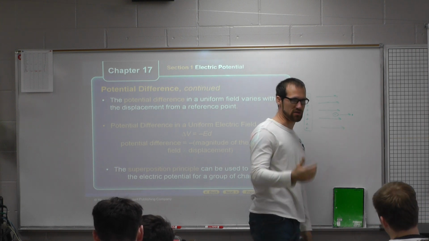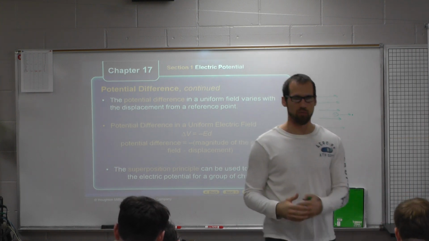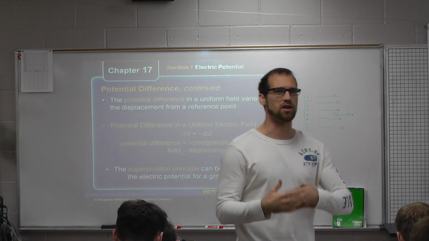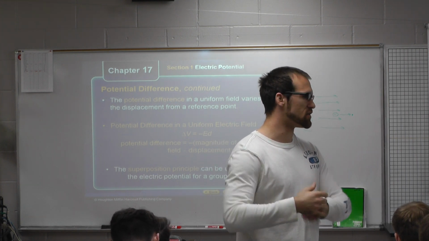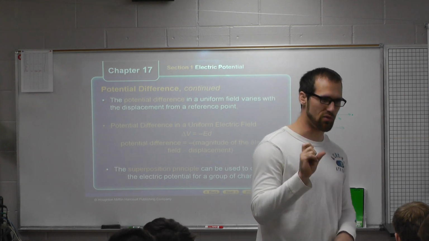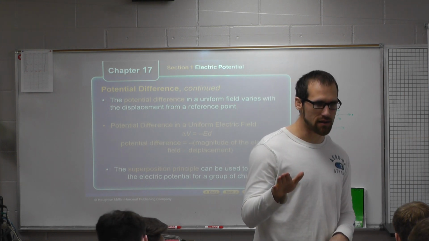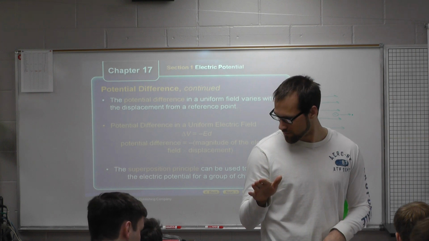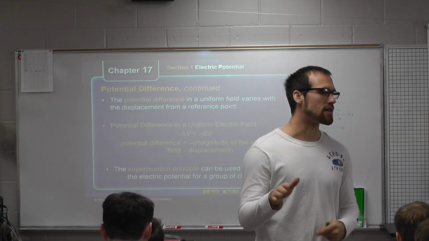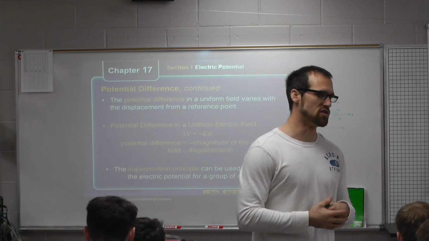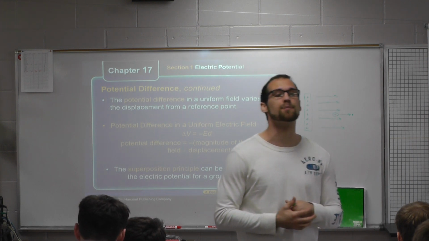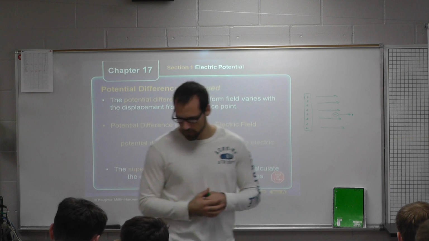Most of the time when we're talking about electricity going through a wire, it would be how much potential difference there is between the wire at the beginning and getting back to the battery. Does that make sense? So normally we're not worried about choosing a location. It's usually just the beginning point and the ending point.